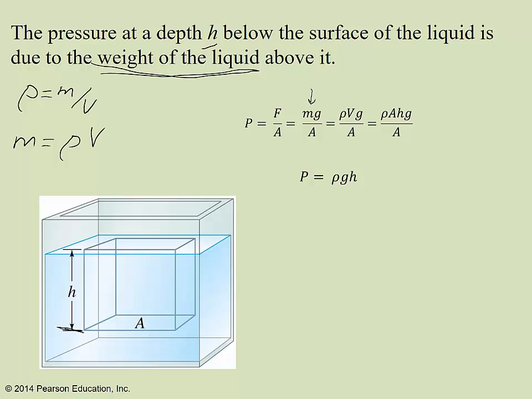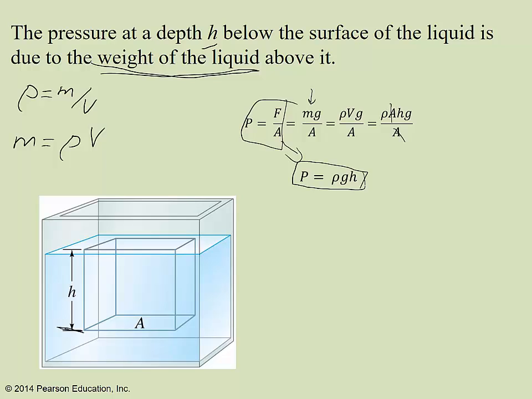So we can change the numerator here to rho Vg over A, but then remember that really volume is the base area times the height, so we can convert that to an AHg. The A's cancel, and the equation for pressure that we typically use, other than F equals ma, is actually that pressure is rho gh, where h is the height of the fluid.